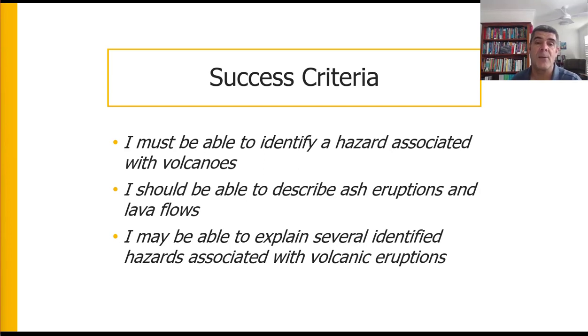So we'd like you to be able to identify a hazard associated with volcanoes, perhaps specifically contrast ash eruptions and lava flows, just in terms of some sort of comparison between these two in terms of a description of what they are, and potentially to explain several different identified hazards associated with volcanic eruptions, and perhaps link those, which we'll do not just now but in subsequent videos, to the composition and nature of the magma.